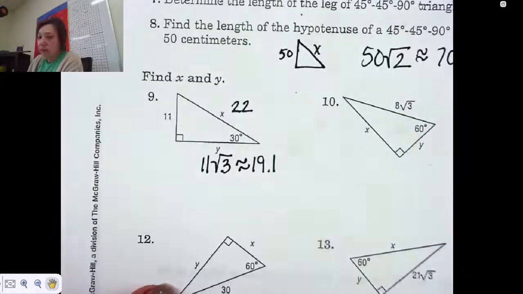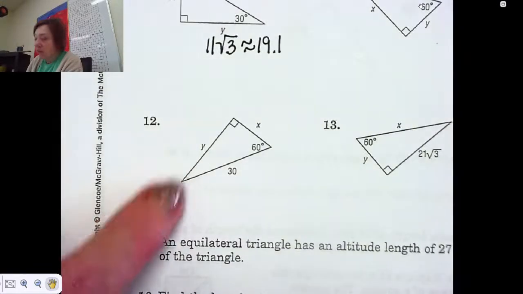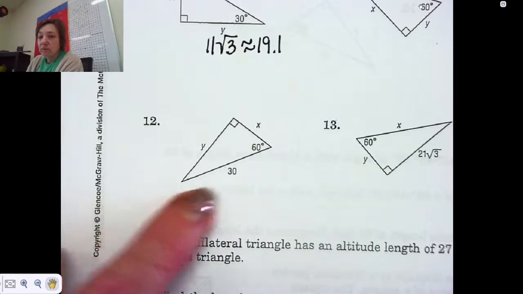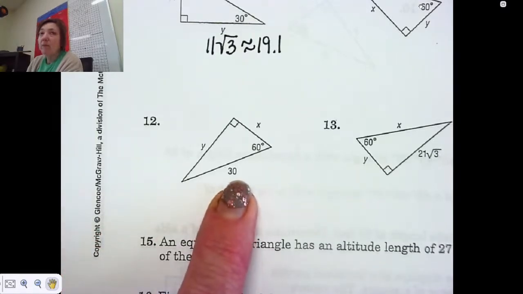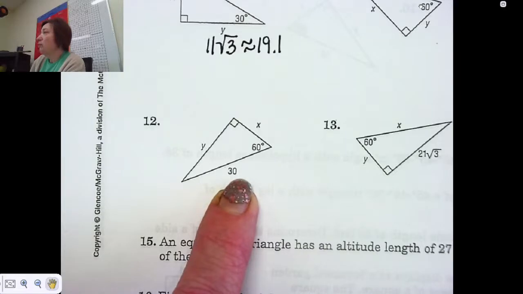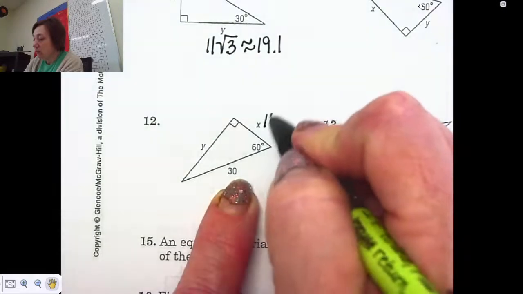Let's go to 12. Okay, what did they give us on this one? They gave us the longest. So, first thing we need to do if we have the longest is find the shortest. How do you find the shortest if you have the longest? Divide by 2. So what's 30 divided by 2? 15.